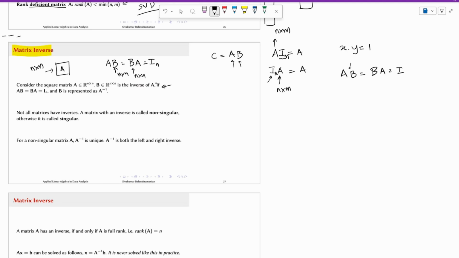If a matrix B satisfies this, then we say B is the matrix inverse of A, and we usually represent that by A to the power minus 1. That means if I have a matrix A and I know the matrix A inverse, if I post multiply by A inverse, I get IN. If I pre multiply by A inverse, I also get IN.